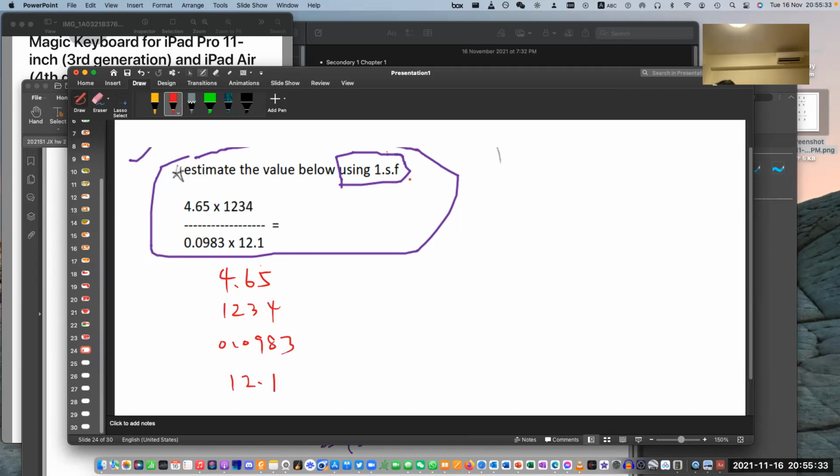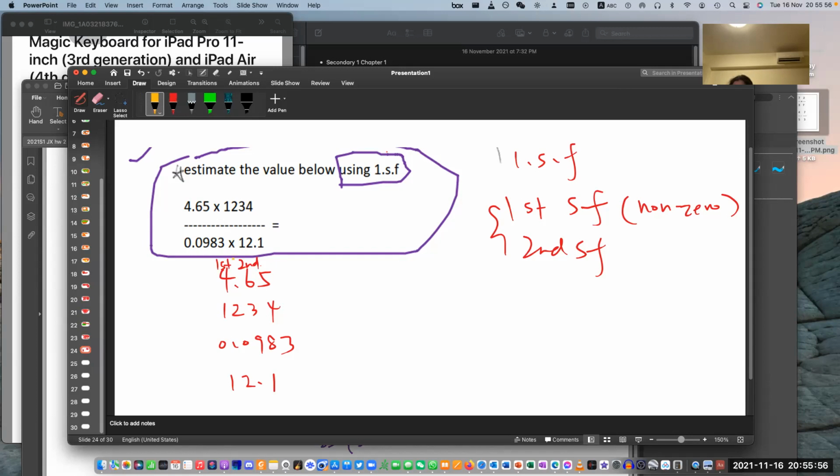To one significant figure, you need to look at the first significant figure, the second significant figure, and remind yourself it must be non-zero. Is this non-zero? Yes, first, second, and then after the first, draw a line. So 6, round up. When you round up, you plus 1. 4 plus 1, 5. So this is no longer 4.65, it's 5.